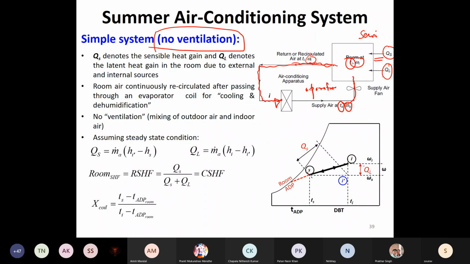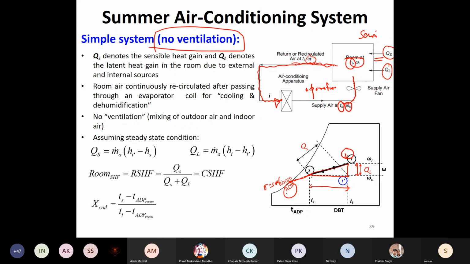So as far as the analysis part goes, it's quite simple. So if you want to maintain a steady condition I inside your room, and if you know what is the sensible heat transfer and the latent heat transfer, then you can actually determine the state S required, and if you join this line I to S and extend it to RH equals 100%, you will get the apparatus dew point.